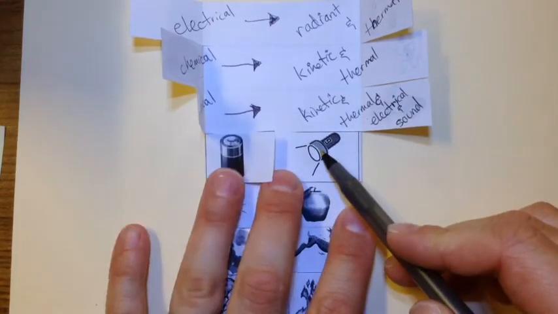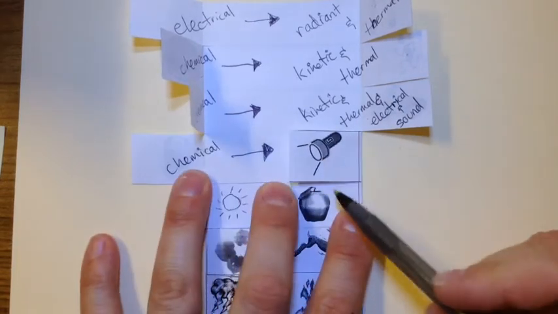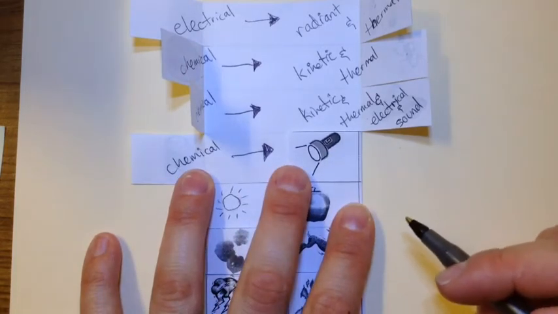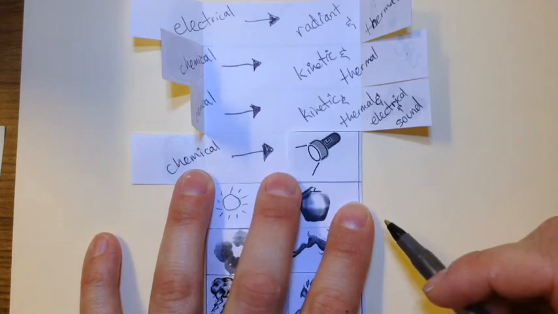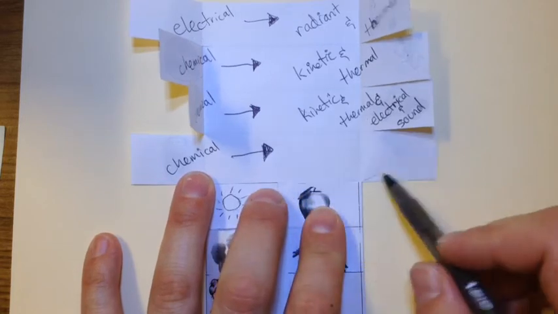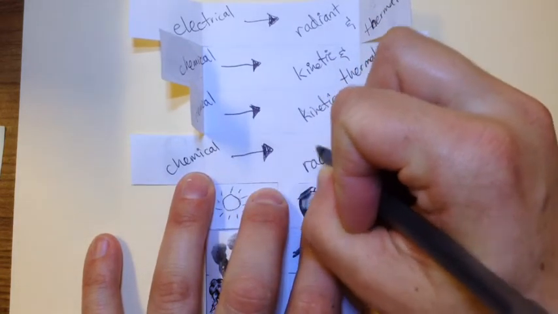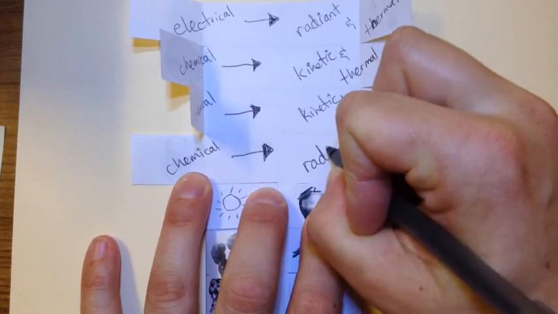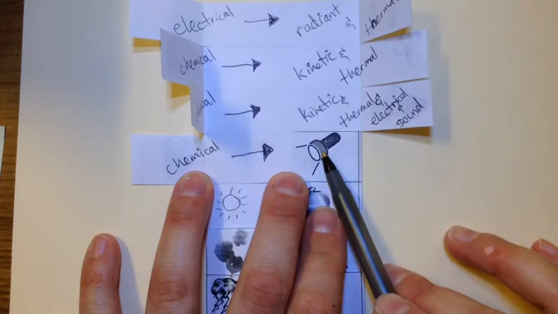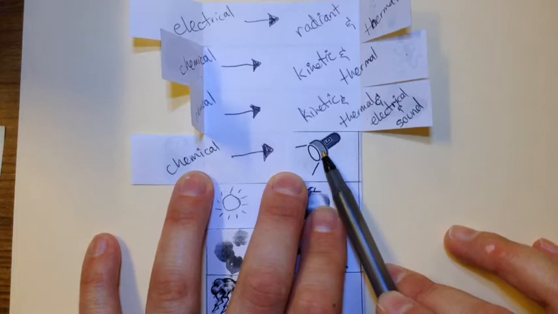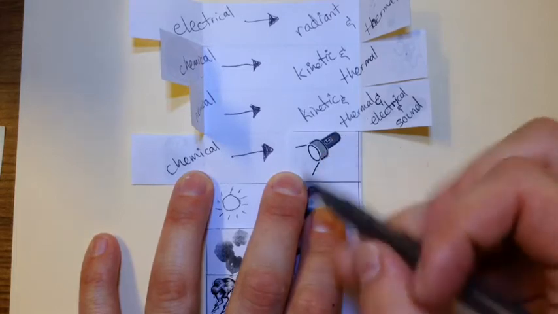All right, we put batteries into a flashlight, and what kind of energy do we get out of our flashlight? What's the primary purpose of a flashlight? What type of energy do we want? Radiant. Now, when I was a kid, flashlights used a different light bulb than the kind we use now. Most of your flashlights today are LEDs.